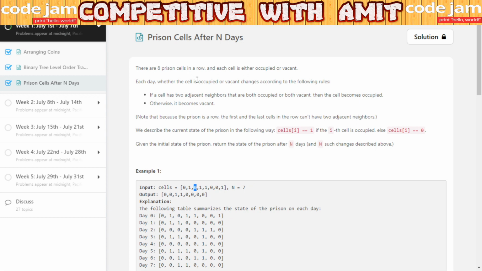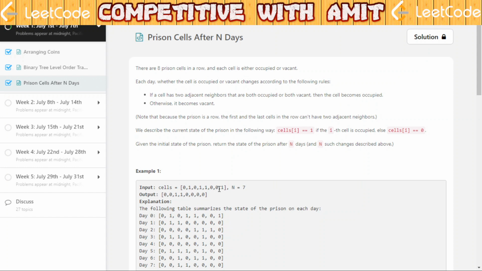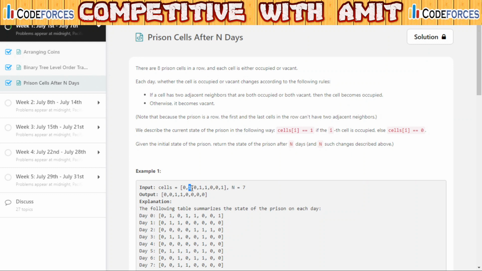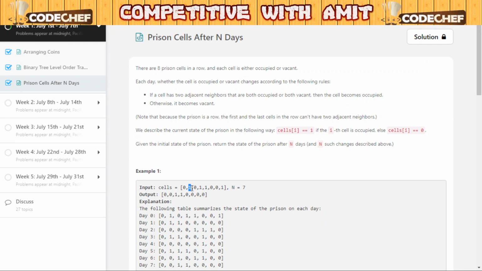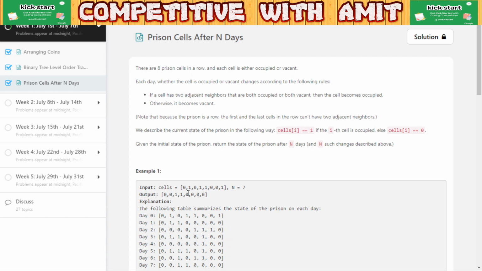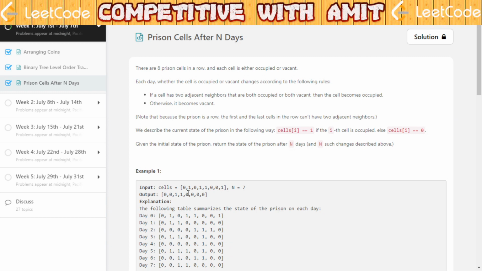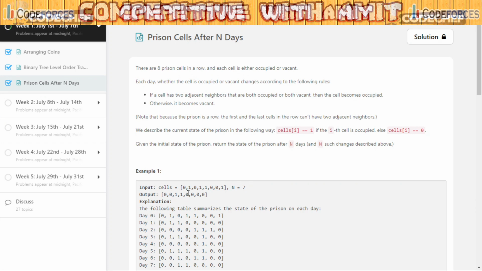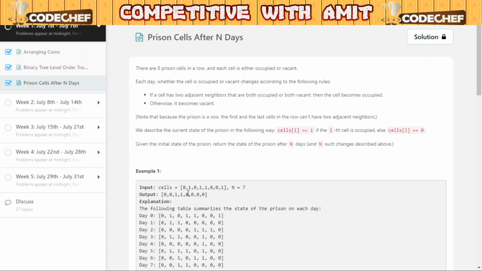Now what we have to do is modify this row in such a way that if a cell has both adjacent cells the same, both 0 or both 1, then we will store it as occupied, else we will store it as not occupied.